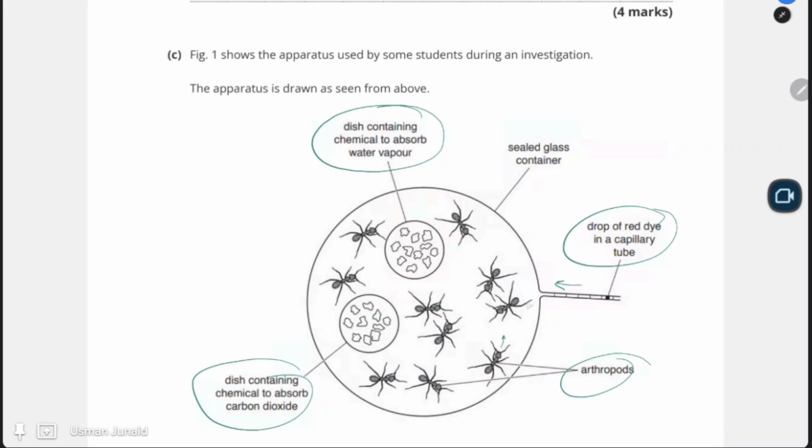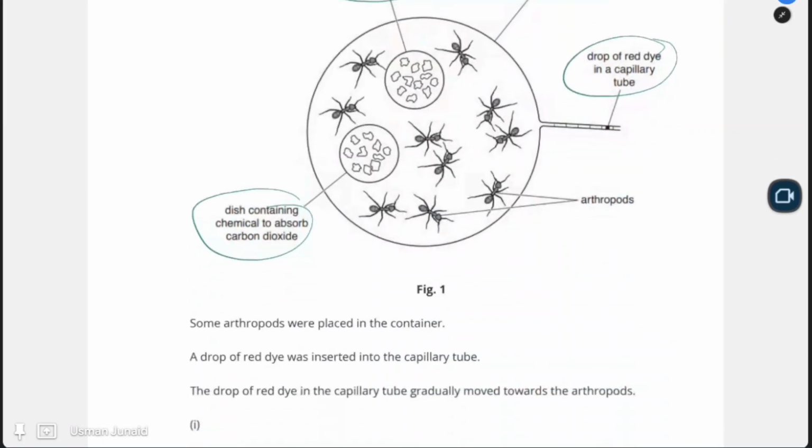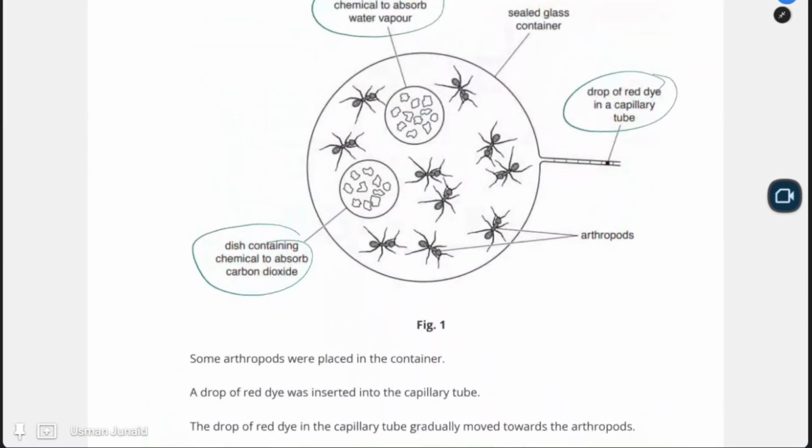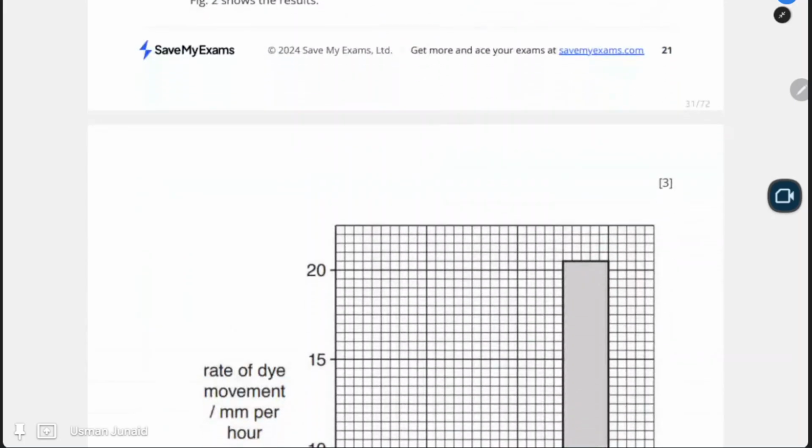So is the amount of air inside being reduced? Yes or no? Yes. Right? So is there going to be a sort of vacuum there, a pressure being created by the reduction of air inside? So will that pull on this red dye? Yeah. Okay, so that is what is happening here.